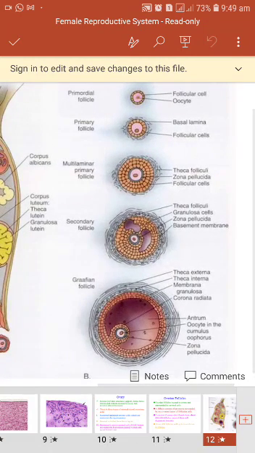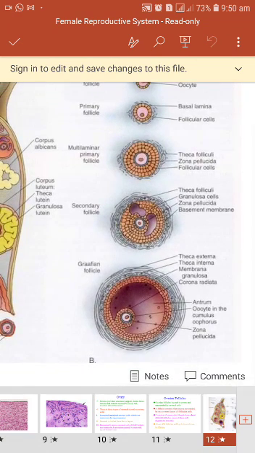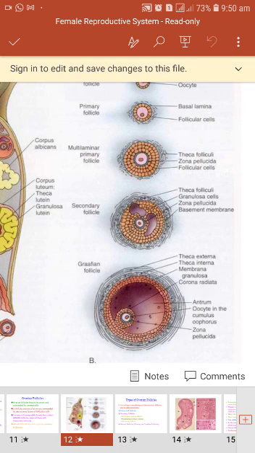Then we have the multilaminar primary follicle, where you can see multiple layers of follicular cells. Then we have the secondary follicle. Here you can also see the cavities. Then the Graafian follicle, where the antrum is properly formed with the cumulus oophorus, corona radiata and the thecal layers. We will discuss them in detail.